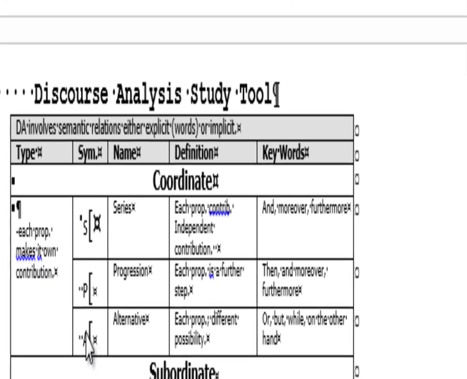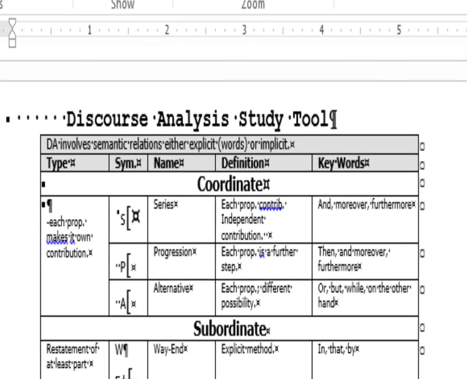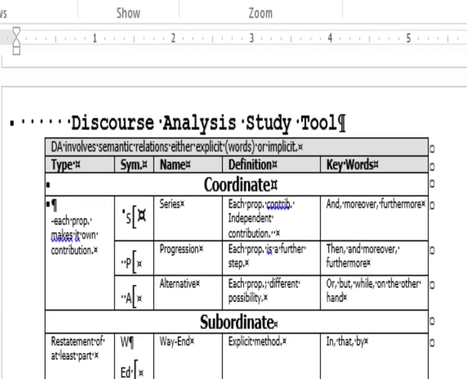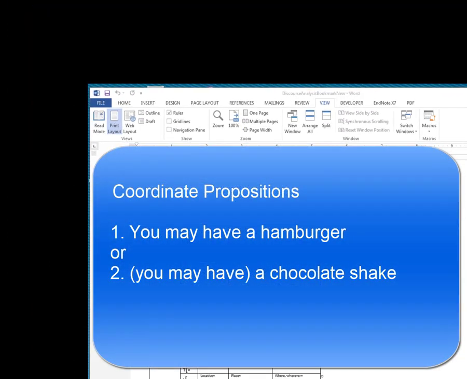The first three at the top are what's called coordinate propositions, and that is each proposition makes its own contribution to the overall argument. For example, if you tell your child, you may have a hamburger or a chocolate shake. Those are two separate propositions.